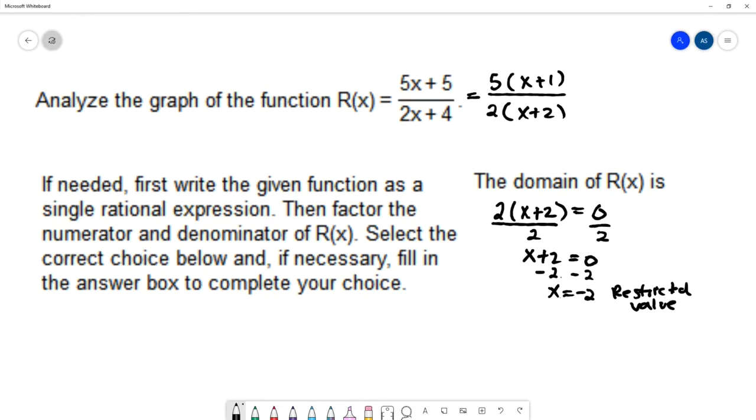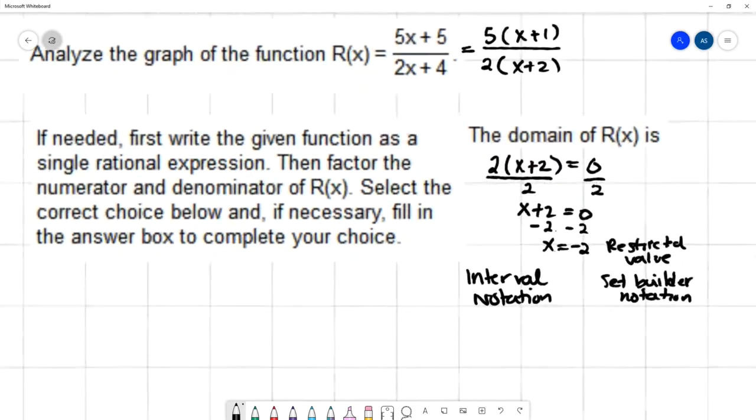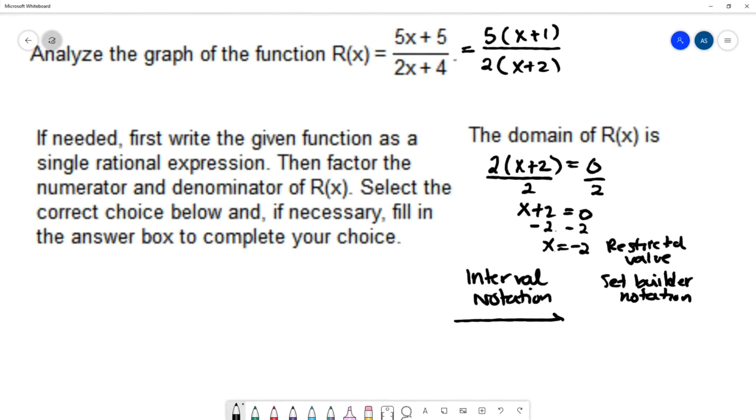Now there are two common ways of writing the domain, and that is in interval notation and also in set builder notation. So in interval notation, we would think of the real number line as -infinity to infinity, and then take that one value of -2 out of the set of real numbers.